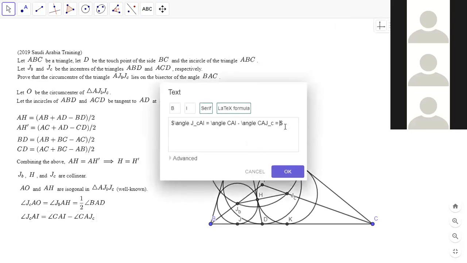So that's half of angle BAC minus half angle CAD, which is half of angle BAD. Which is angle JCAO.